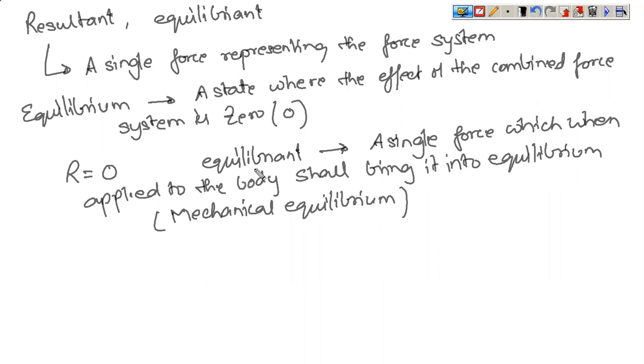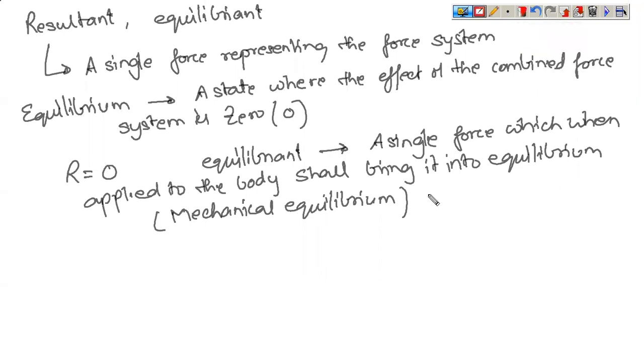Now, equilibriant means a single force which, when applied to the body, shall bring it into equilibrium. इसका मतलब एक ऐसा फोर्स जो कि हम बॉडी पे लगा दे तो बॉडी इक्विलिब्रियम में आ जाएगी. तो सीधी सीधी बात है, this force ये क्या होगा?